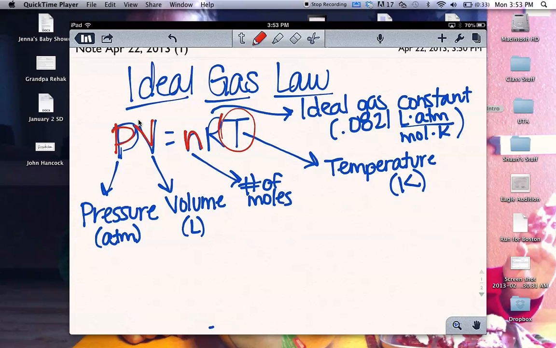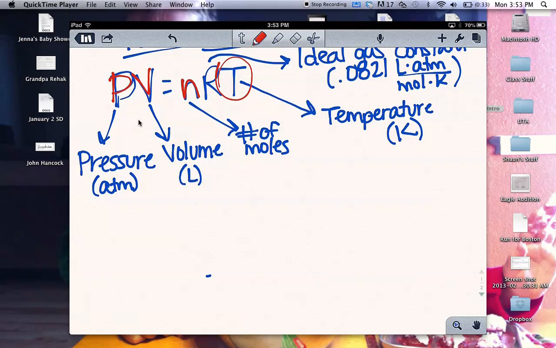And remember, there's 2 other versions of the ideal gas law that can help you calculate other things. The first one, remember, I called this PVnRT. The next version of the ideal gas law helps you if you are given mass or you need to find molar mass.